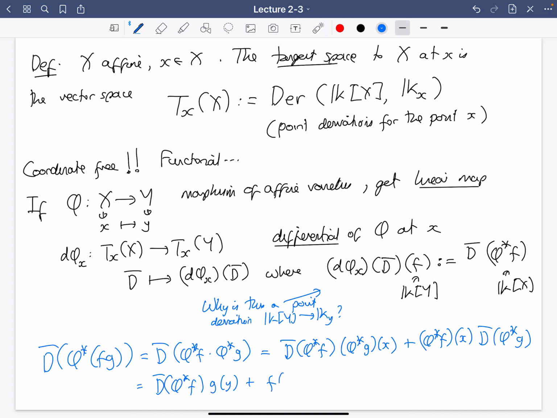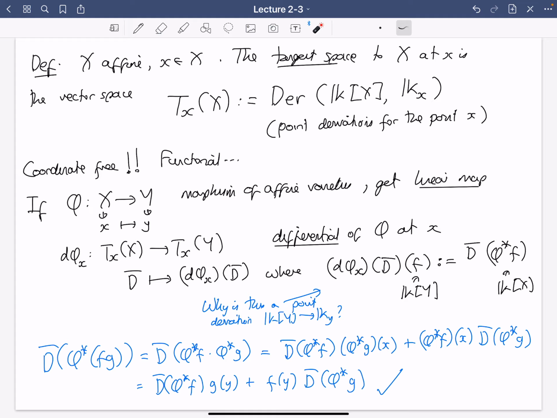And similarly, that's f of y times d bar phi star g. And that's the silly check that this new guy, d phi of d bar, is a point derivation from k[Y] to k. Okay, so that's good. If you have a morphism of varieties, you can differentiate and you get this differential between the tangent spaces.